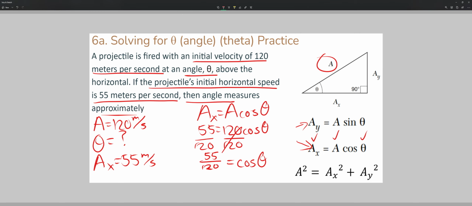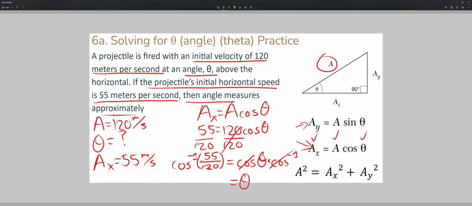So I need to get this angle by itself. I want to get theta, the angle, by itself. I want to get rid of this cosine. How do I get rid of a cosine? You might remember from trigonometry, you have to multiply both sides by cosine to the -1. The cosine to the -1 gets rid of the cosine. But we also have to multiply by cosine to the -1 on this side as well.